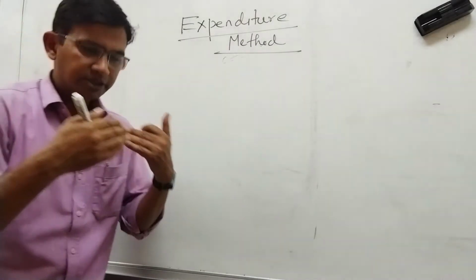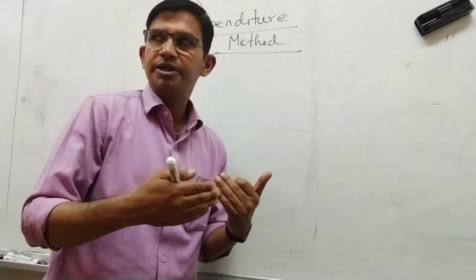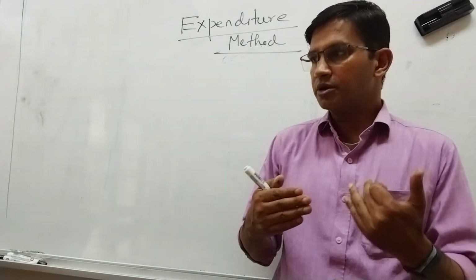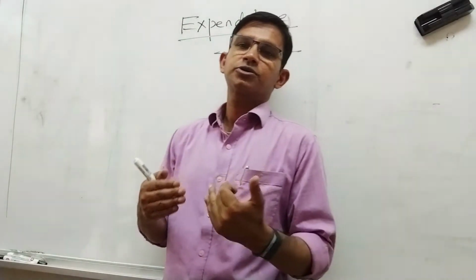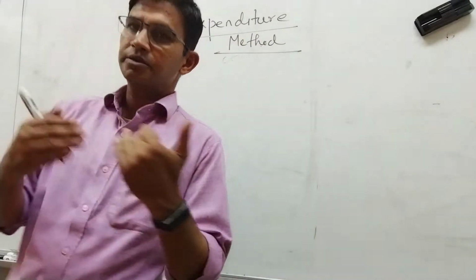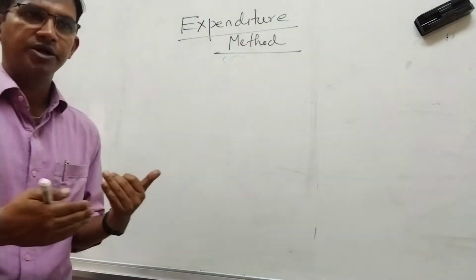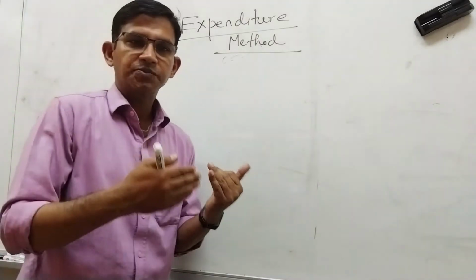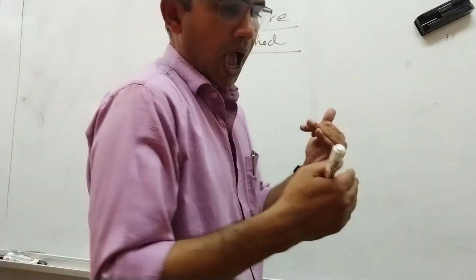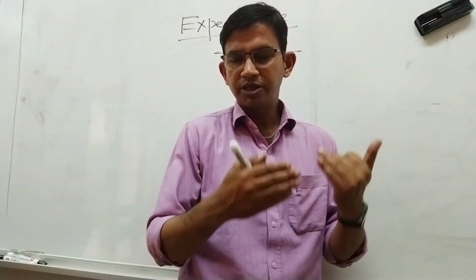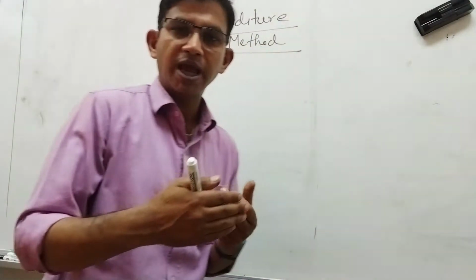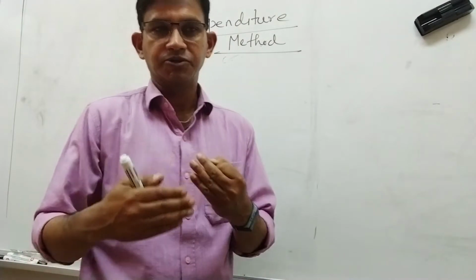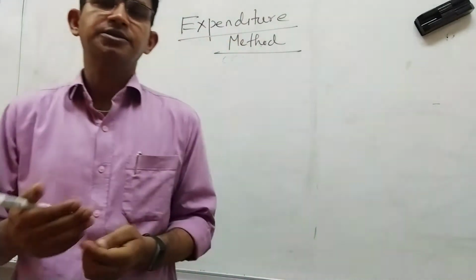It is easier for the government also, because there are records of transactions regarding purchase and sale of different commodities. So here the government will find the total expenditure within the domestic market, and from that we can go to national income by different steps, by some additions and subtractions.